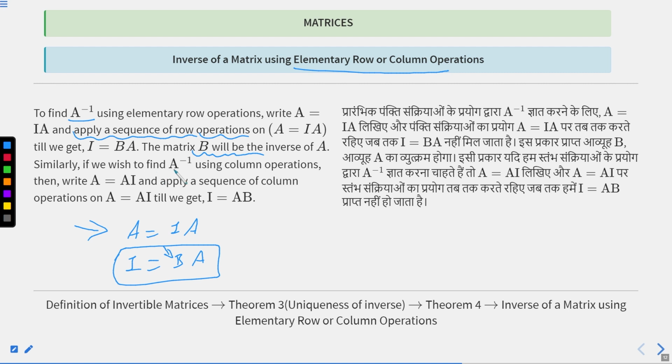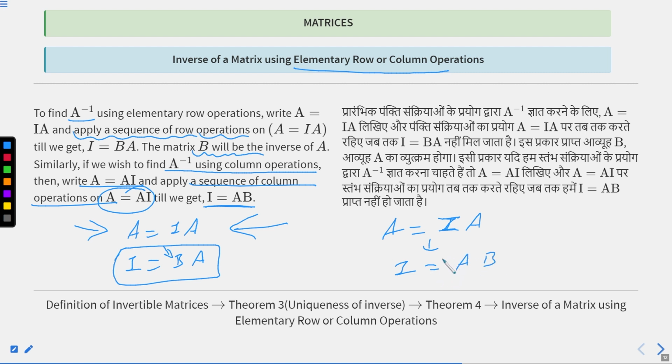Similarly, if we wish to find A inverse using column operations, then we write this thing for column operations and apply the sequence of column operations on this till we get I is equal to AB. So for rows we write this, for columns we will write this.